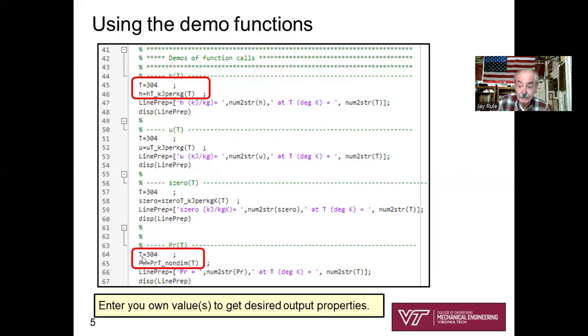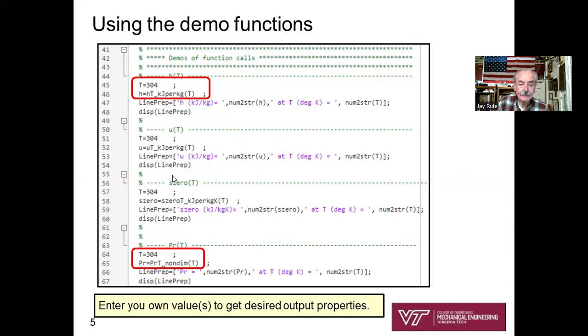And again, I've entered my temperature, 304, and I'm using my function call, PRT. In other words, PR as a function of T, units, non-dimensional, input T. And so I'm getting back PR, and then I'm preparing the output to my command window.